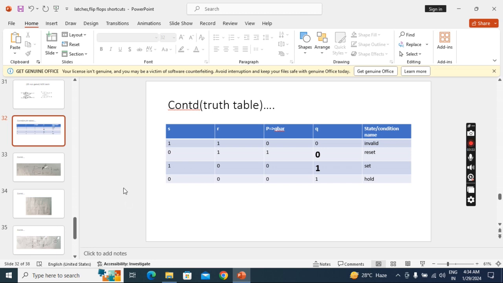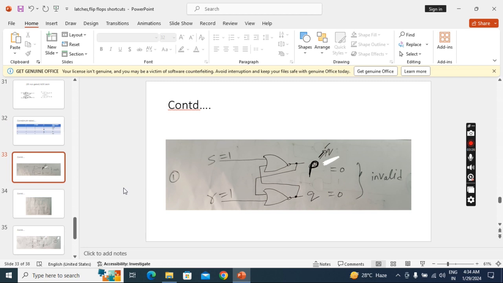Now we'll see this operation step by step. Initially both inputs are 1 1, and the output is 0 0. This is invalid, because both outputs should be complementary. So you have to see this lecture after watching SR NAND, then only you can understand it properly.